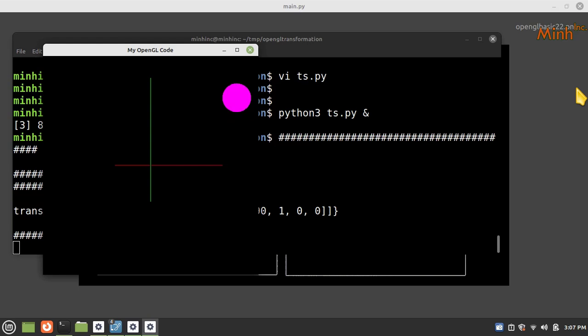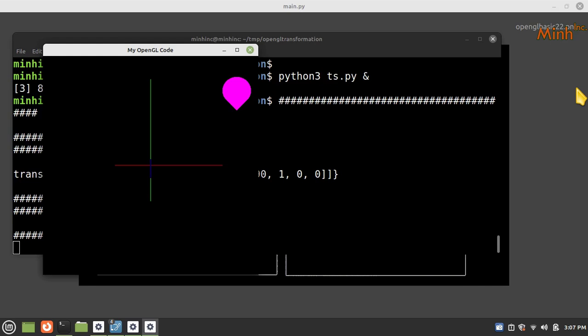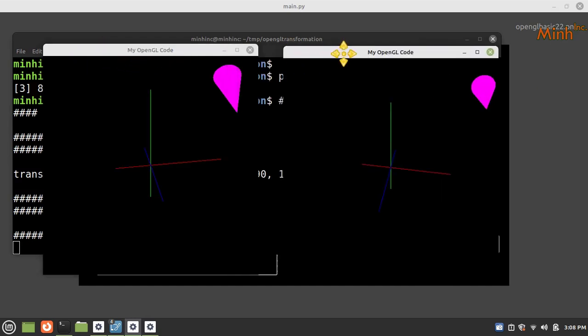I think this was the original. So both are different. The same we have drawn, but the drawing is different.